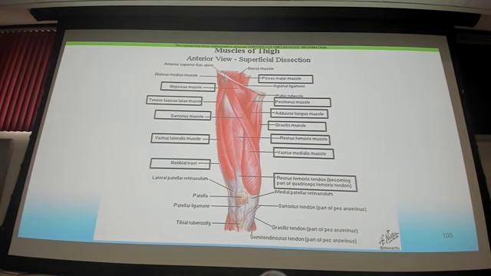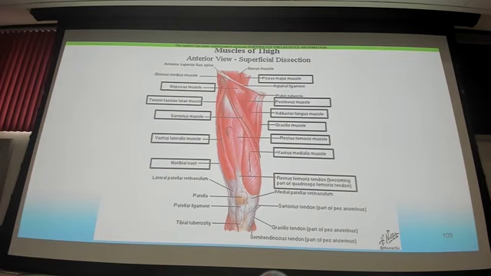Right. So grouping all these together and just giving you a reference, this is tensor fasciae latae, whose job is to put tension on the fascia there. If you follow sartorius coming across, we can see vastus lateralis again, vastus medialis, our rectus muscle here.